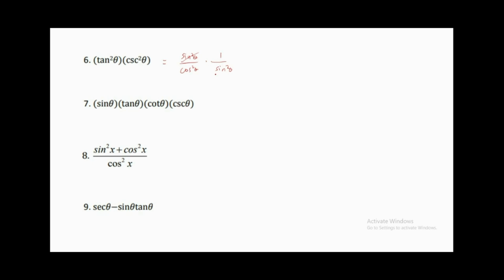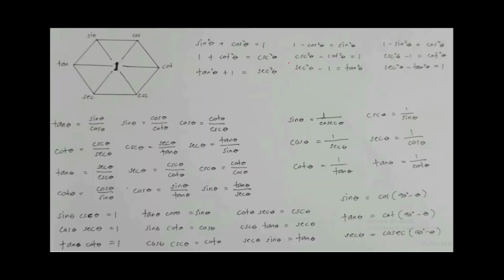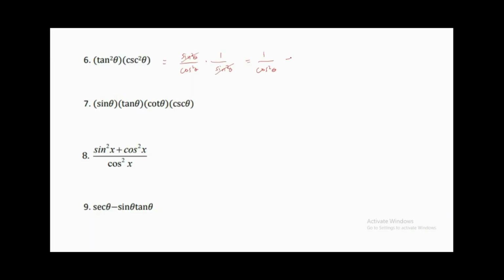Cancel the sine squared and sine squared. What is left is 1 over cosine squared theta. And 1 over cosine squared theta, based on our identity, 1 over cosine is secant. So we have secant squared theta.